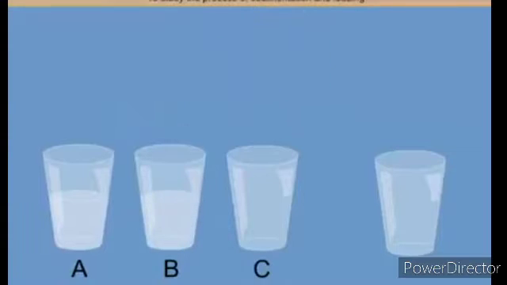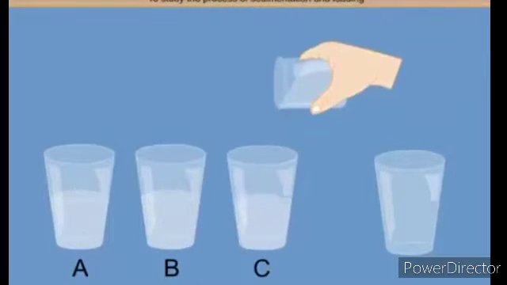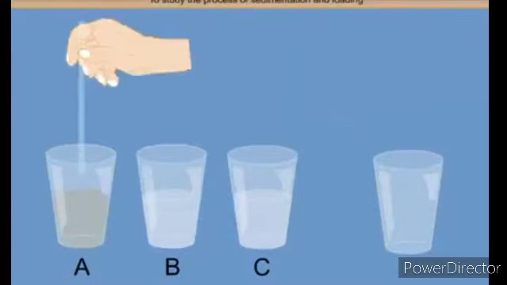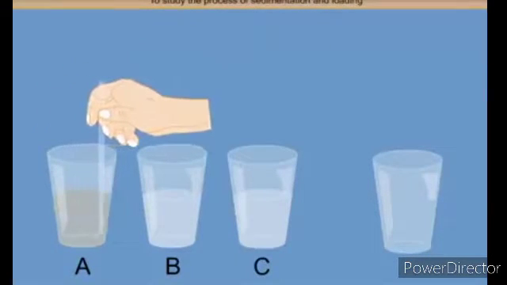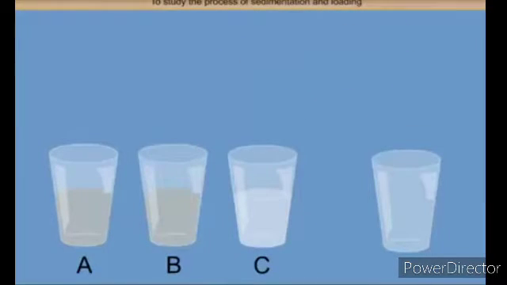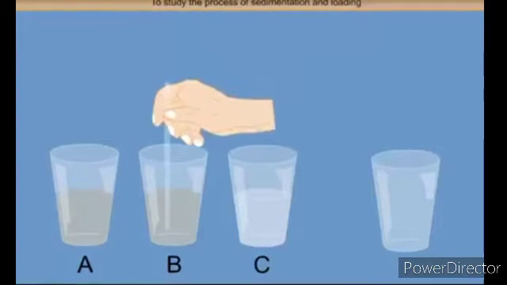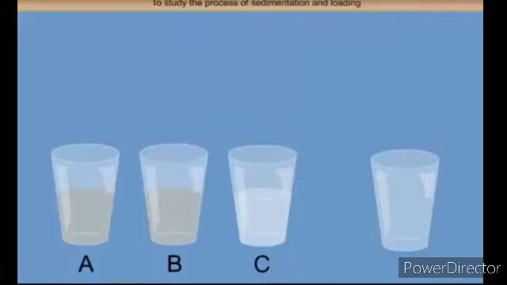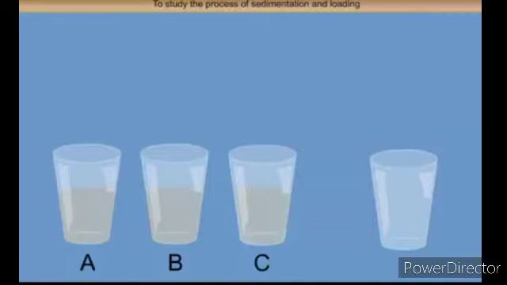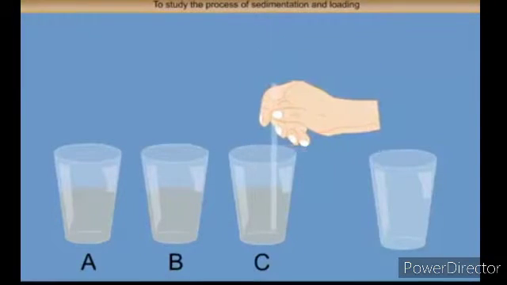Now let's start the experiment. Half fill the first, second and third glass tumblers and label them as A, B and C. Now add some sand into the first beaker, then clay into B as well as C. Now stir all the glasses well.